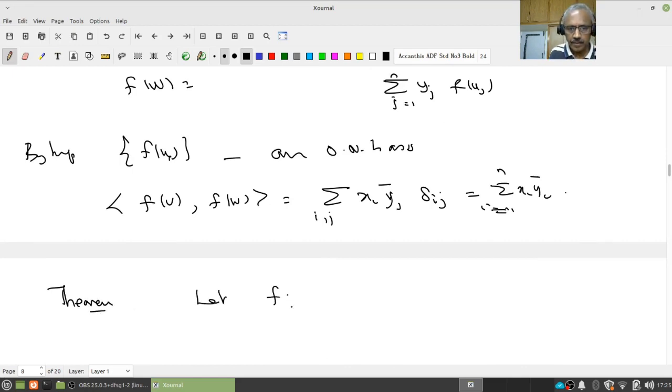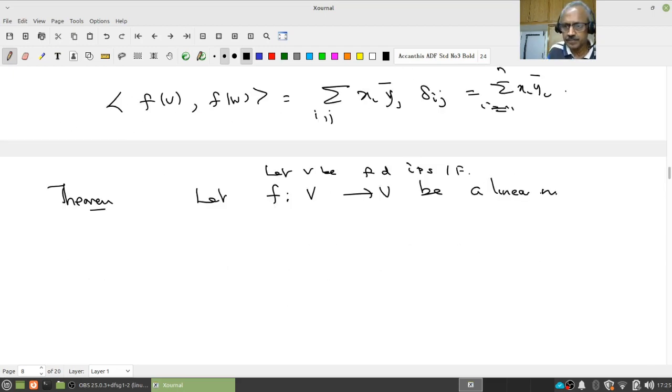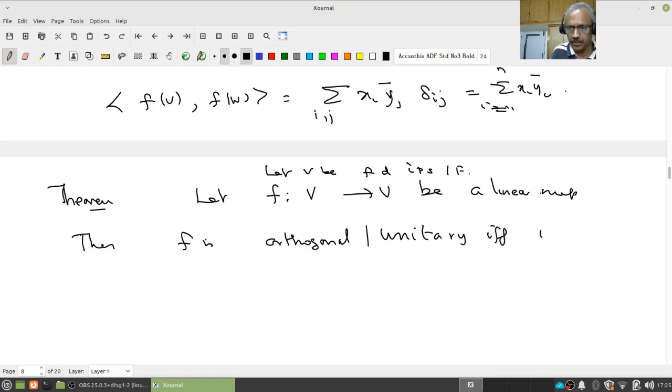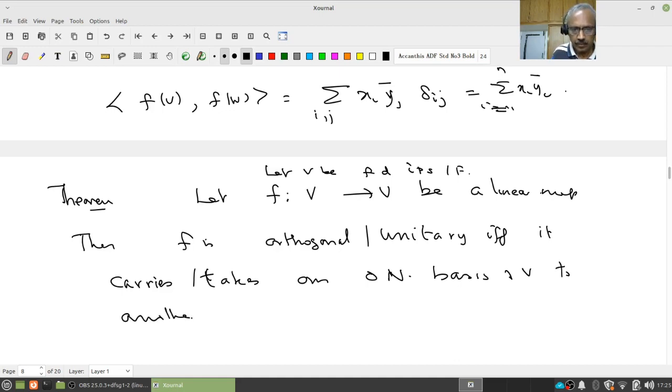Let f from V to V be a linear map, where of course V is a finite dimensional inner product space over F. Then f is orthogonal or unitary if and only if it carries or takes an orthonormal basis of V to another orthonormal basis.